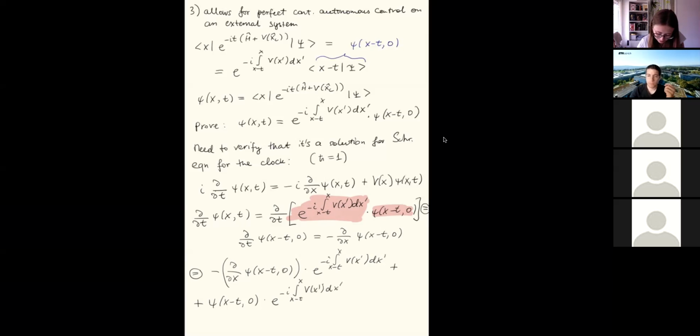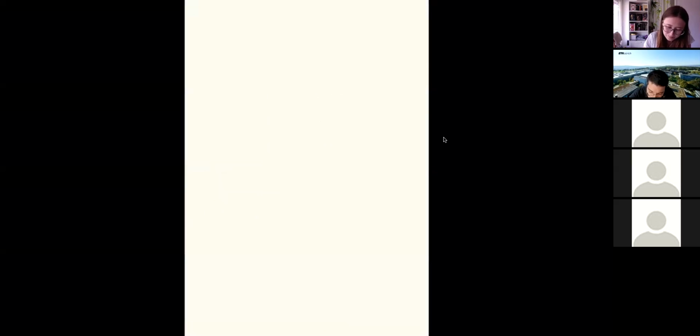And what we're going to get is this, times minus i V of x minus t. So let me remind you of the Leibniz rule, because personally I forgot exactly how it looks when I was solving the exercise. Just as a reminder, this is due to the Leibniz integral rule, and the Leibniz integral rule is the following.